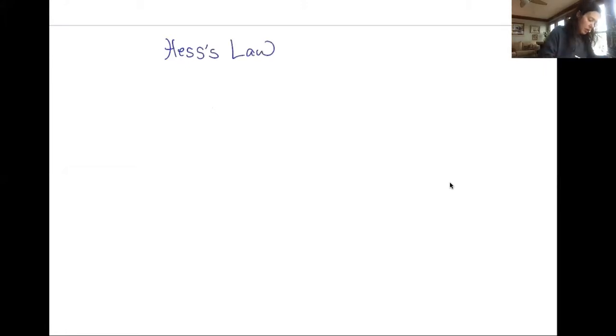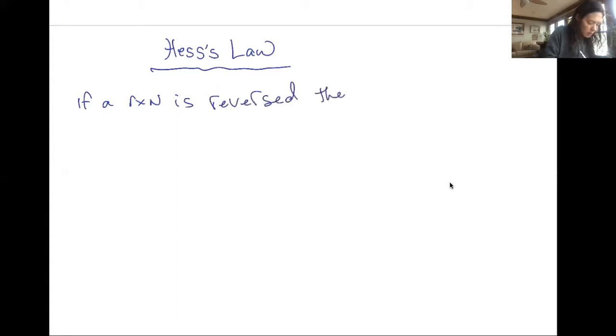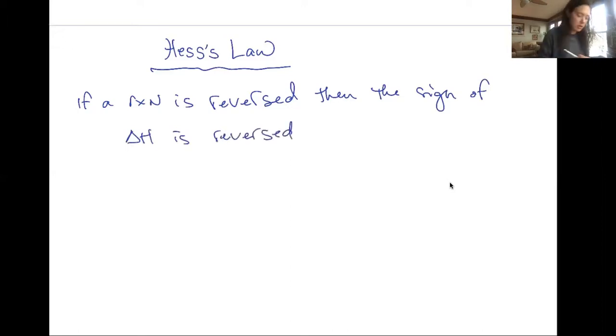All right, there we go. If a reaction is reversed, then the sign of delta H is reversed, right? Positive becomes negative, negative becomes positive.